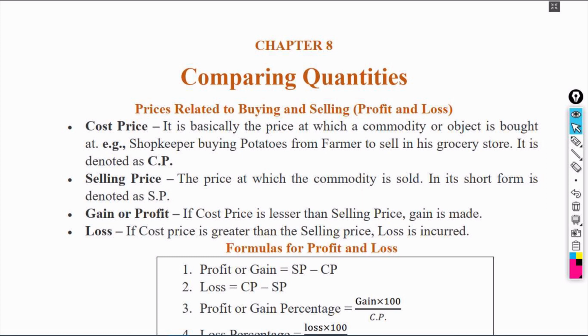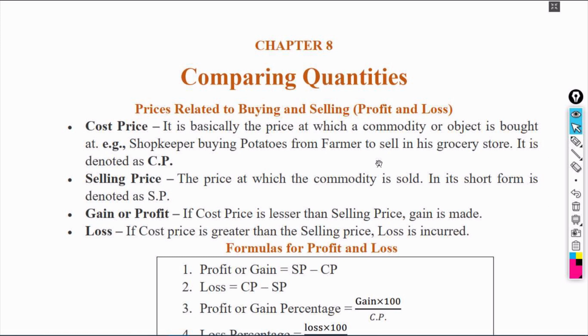That is, rupees 20 per kg is the cost price and it is denoted by CP. And after purchasing it, he sells at rupees 25 per kg. Then the selling price is rupees 25, and the selling price is the price at which the item, commodity or object is sold.